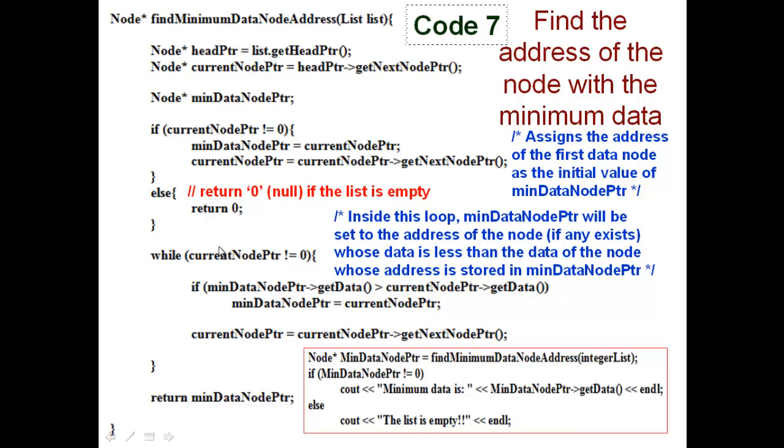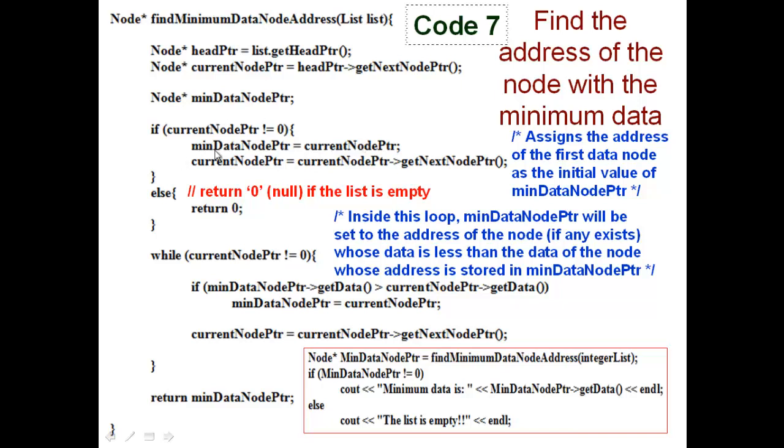you have to see if you can traverse further down. You can traverse further down only if the current node pointer is not null. If the current node pointer is null at this stage and you cannot get inside the while loop, that means the list just has one element in it, and that one element itself is the minimum element.